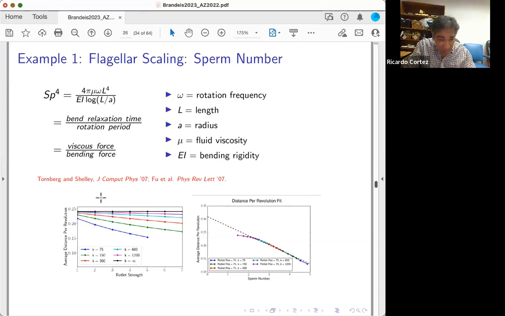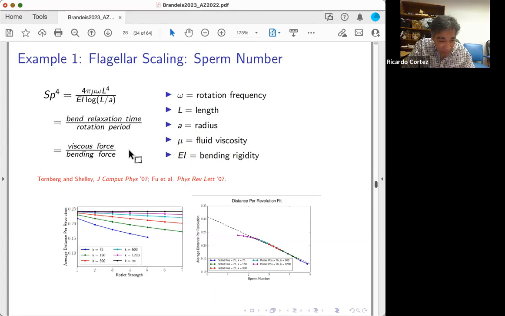And it turns out that there's this number, sometimes called a sperm number, and it's related to all these dimensions. There's the rotation frequency that we put into the helix, the length of the helix, the radius of the helix, the viscosity of the fluid, and some bending rigidity. So the sperm number to the fourth is this expression.